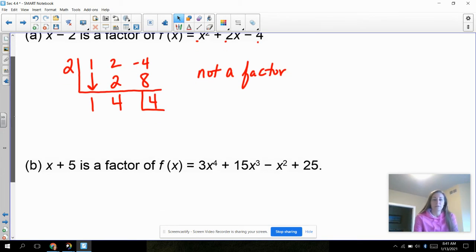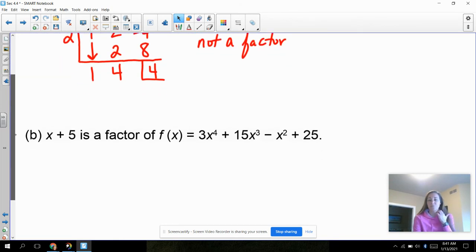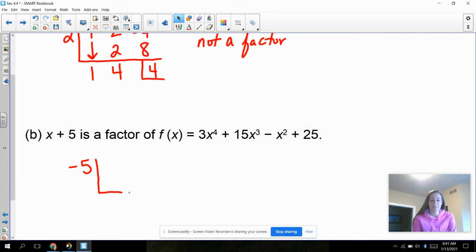All right, example 2, same question. We won't get to the other kind until the next page. I'm going to plug in x plus 5, which when I do synthetic division, I plug in negative 5 outside the box. And then inside the box, I'm going to put each of these coefficients in order.